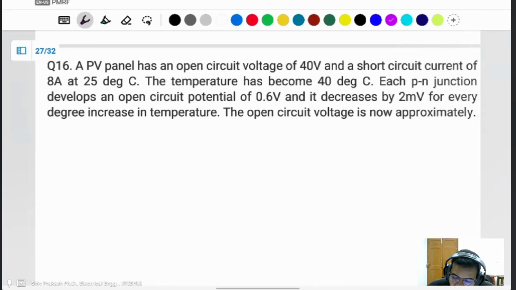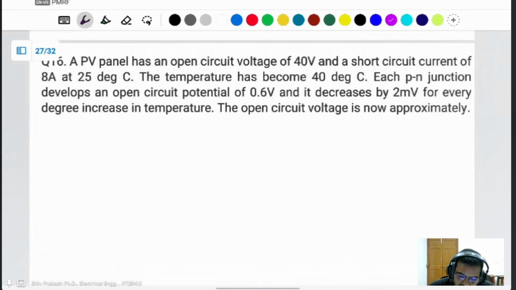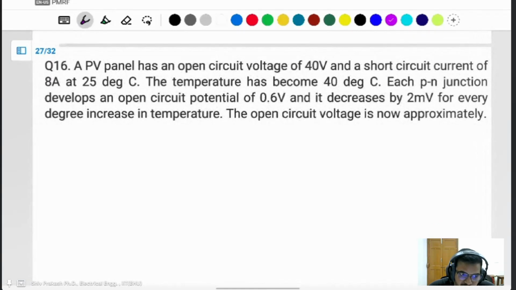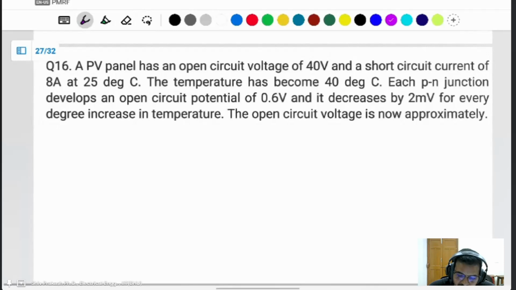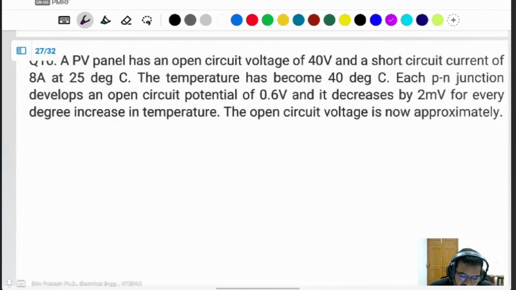The open circuit voltage is now approximately? Do you all want to solve this question? I can give you 2 minutes. Anyone? Please solve and tell me the answer.